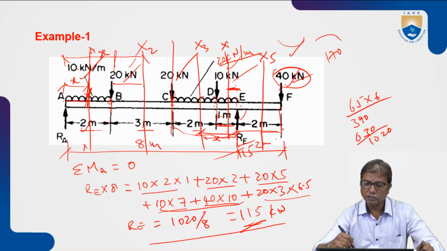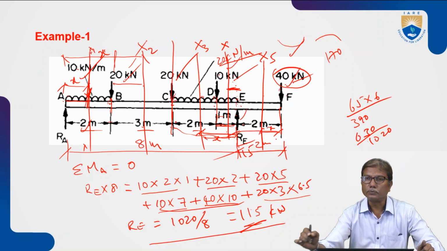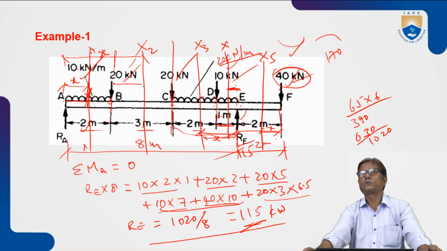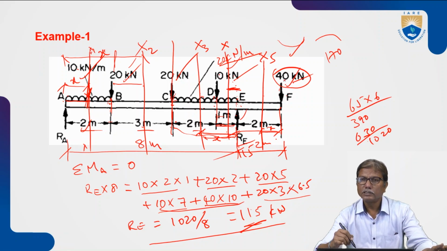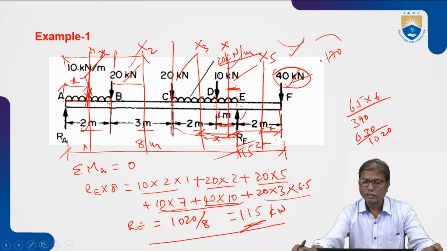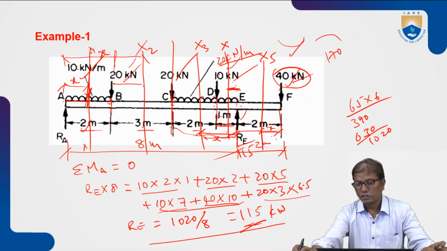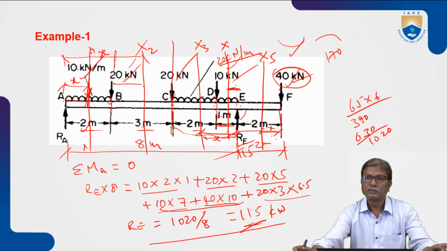For this, we take origin at F, x varies from 0 to 2. So 40 is the shear force which remains constant between E and F, and bending moment varies linearly because bending moment is minus 40x, which is a linear variation.